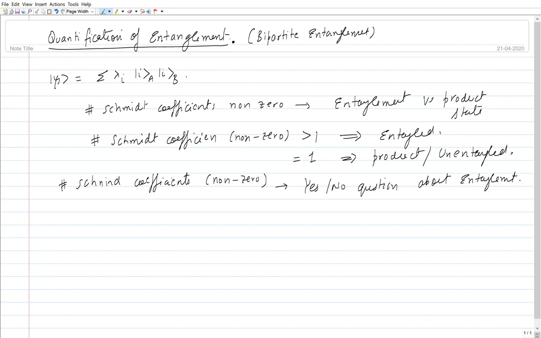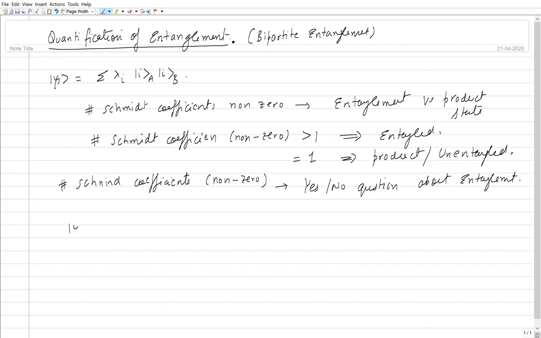But let's say we are not interested in just a binary question about entanglement, whether the state is entangled or unentangled, but is there a way to characterize how much entanglement is there in a given quantum state?